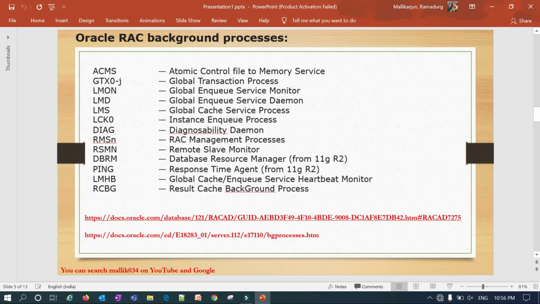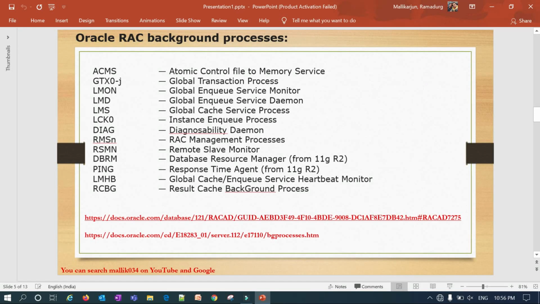LCK, instance enqueue processes. DIAG, diagnostic daemon. RMSn, RAC management processes. RSMN, remote slave monitor. DBRM, database resource manager, starting from 11gR2. PING, resource time agent, also starting from 11gR2. LMHB, the global cache or enqueue service heartbeat monitor. RCBG, the result cache background process.